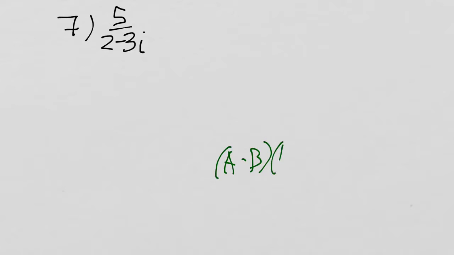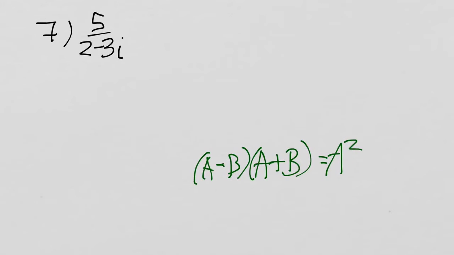So number 7, I've got 5 over 2 minus 3i. And I'm going to use that same property that I was telling you about before, where I'm going to be able to say that a minus b times a plus b is equal to a squared minus b squared, okay?